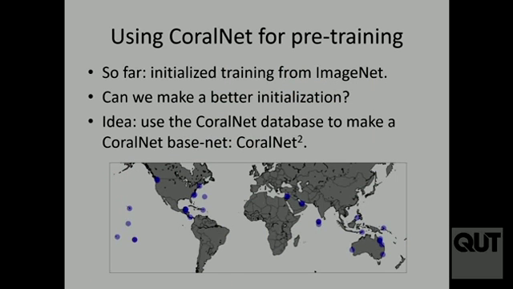Okay, so far we haven't really done that much research in computer vision. We just sort of downloaded these ImageNet weights and fine-tuned them for our particular application. So one thing we can look at is that the initialization of the network turns out to be quite important.